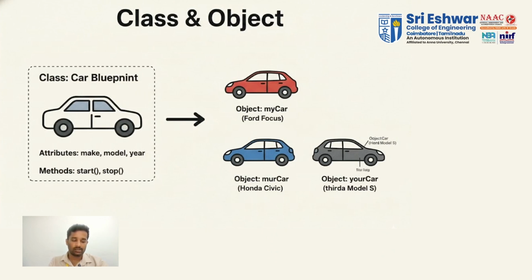What is a class? We can say the class is a blueprint or template that defines the attributes and methods of a program. For example, see in this example, it is given with car images, right? So, what is inside the box?